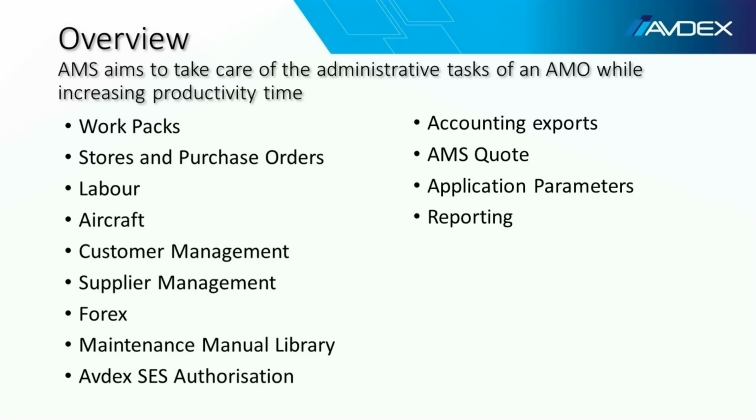Accounting WP. This is an Excel format export of work packs closed. Accounting GRV. This is an Excel format export of GRV received. Stock take. This is an Excel format export designed to be used for stock take counting.